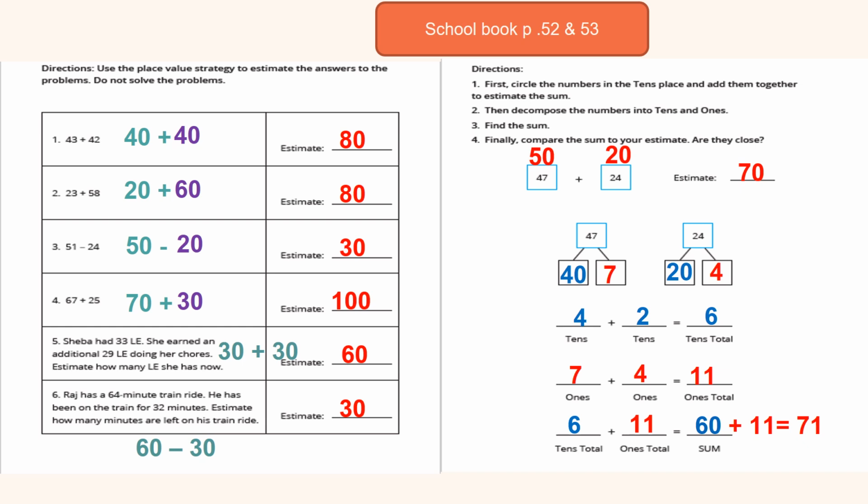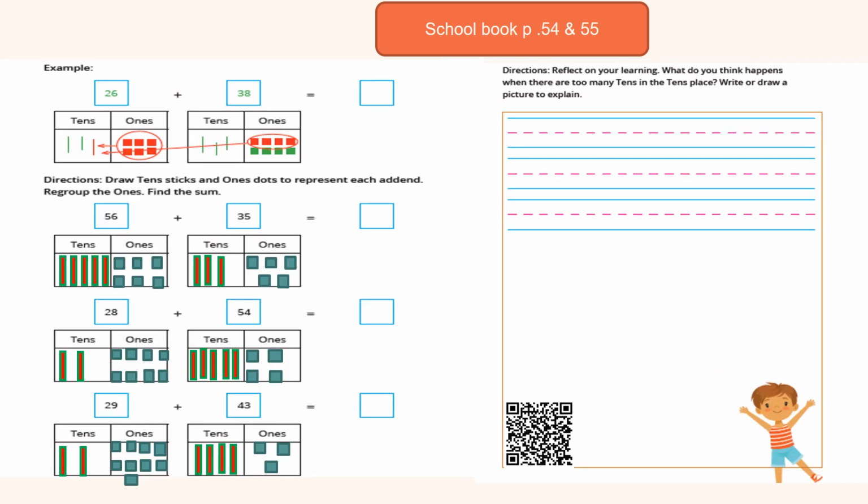First example, 26 plus 38. How many sticks do we have in 26? Yes, 2 sticks. How many small squares? 6 small squares. How many sticks do we have in 38? 3 sticks. How many small squares? 8 small squares. Now let's add 26 plus 38.